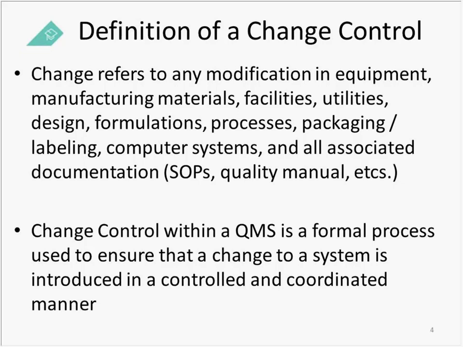So now we know where we're going. Let's jump right in and talk about the basics and the definition of a change control. As you can see, it really is all-encompassing for the most part.